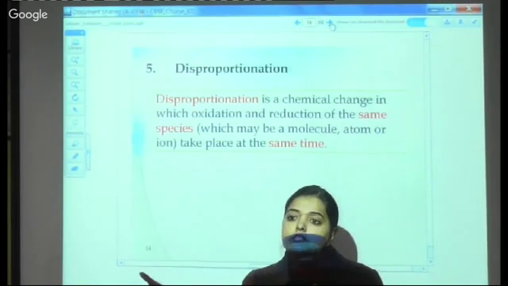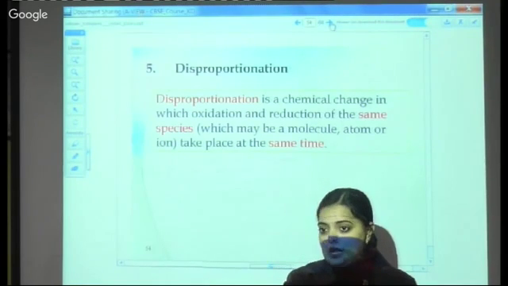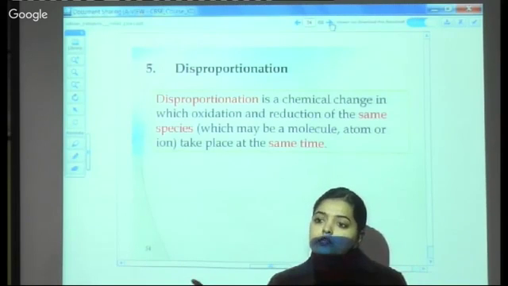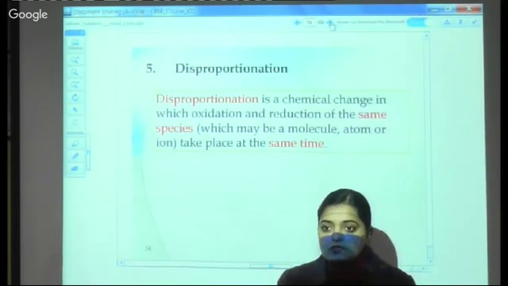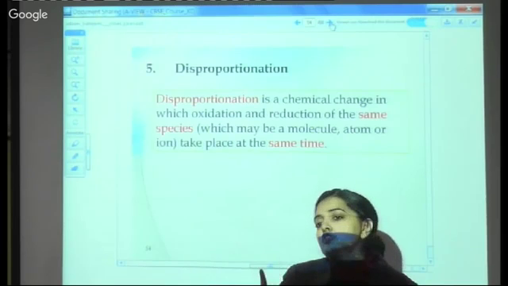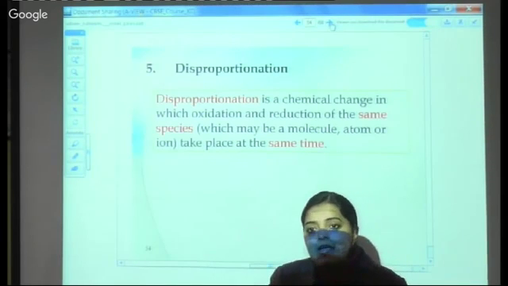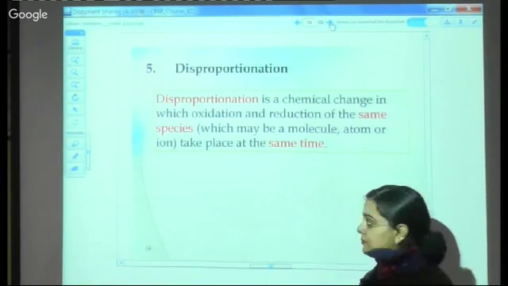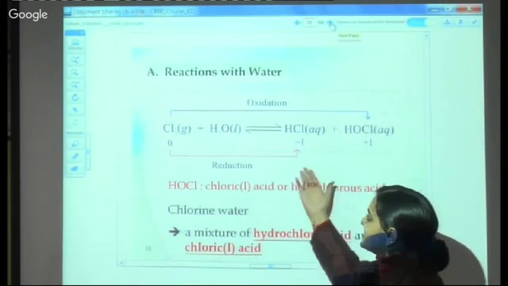Fine. A oxidizes to A plus, but B minus reduces to B. This is what happens. However, in disproportionation reaction, the same species gets oxidized and reduced at the same time. Right? How? We can see. Next slide. Here is a reaction.